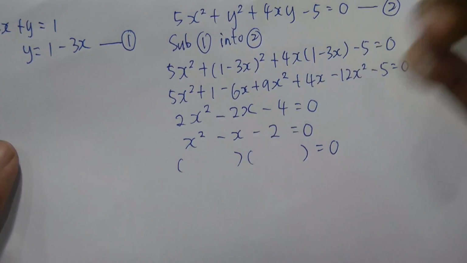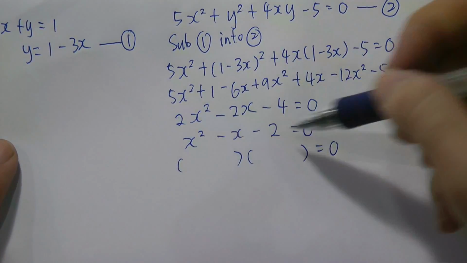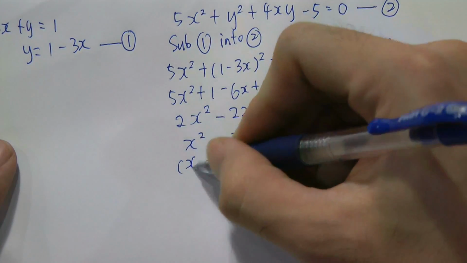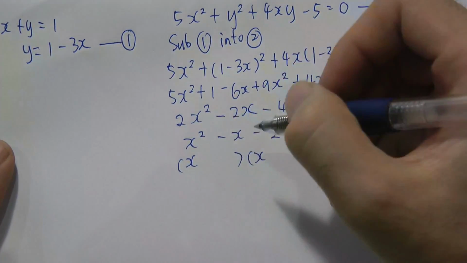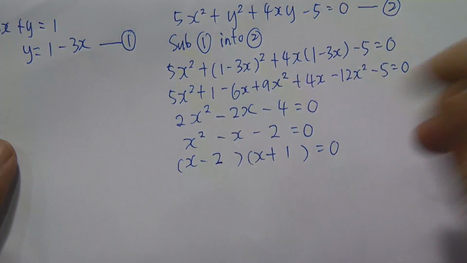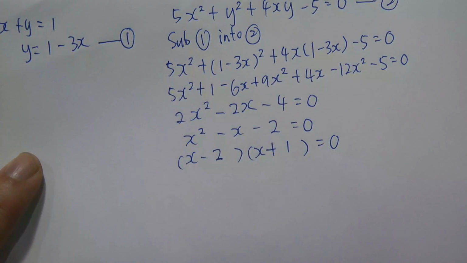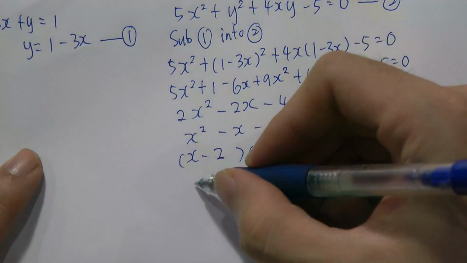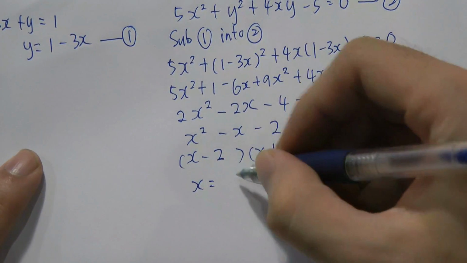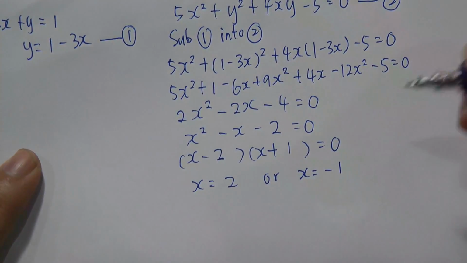But this one does not need it, because you can factorize straight away. So x, obviously, minus 2 and plus 1. If not, you can just press the calculator. So you get x equals 2 or x equals negative 1.